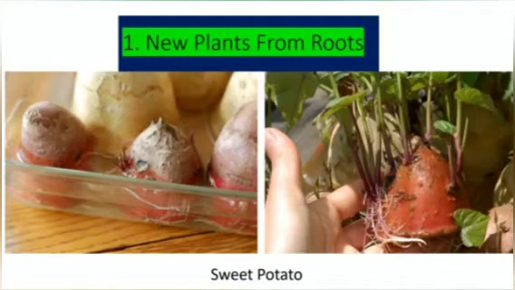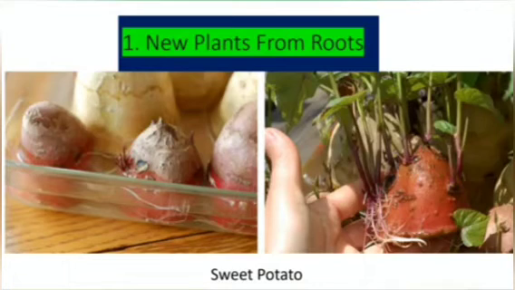If we take a sweet potato, which is a part of its parent plant, and insert toothpicks in it on all its 4 sides, then place the sweet potato in water in such a way that the lower part of the sweet potato remains immersed in water, where it can get fresh air and sunlight, after a few days, roots come out of the sweet potato.